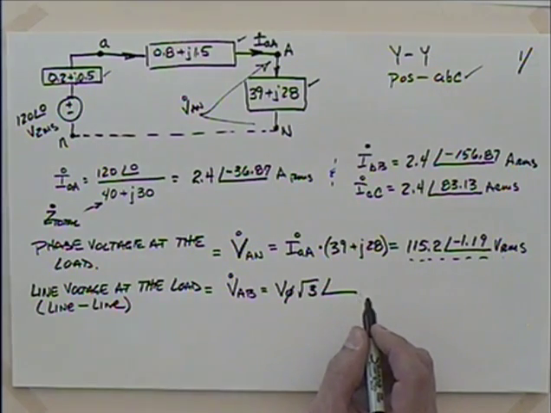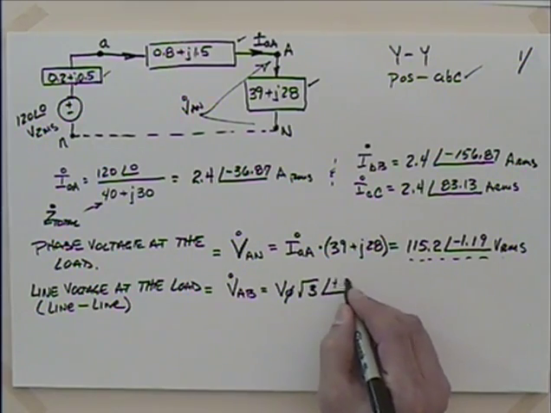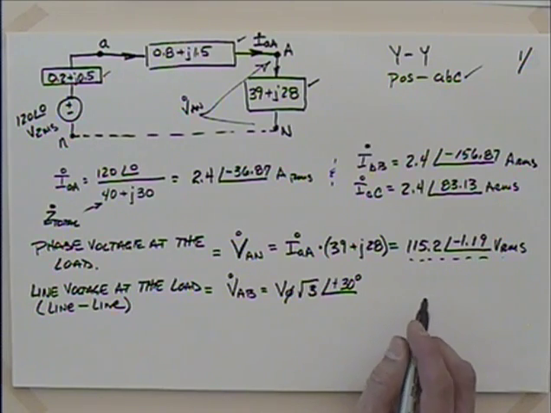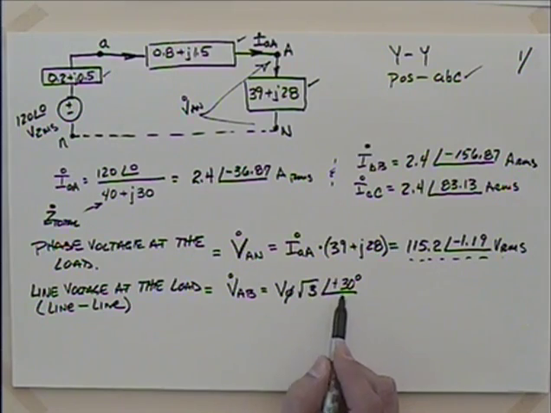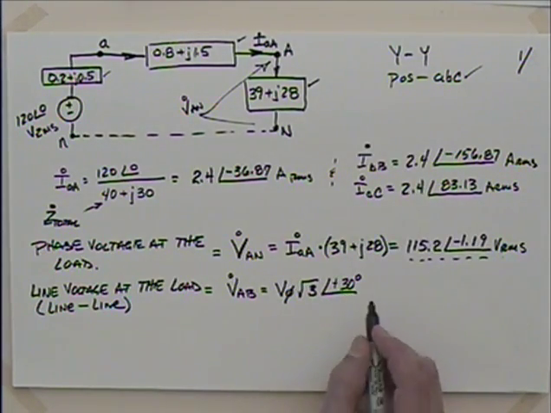Let's see, this is positive phase sequence, so I do what? I add 30 degrees, don't I? If we go back to our pedestrian's guide for three-phase that we came up with last time, multiply by root 3 and add 30 degrees because it's positive phase sequence. If it was negative phase sequence, I'd subtract 30 degrees.